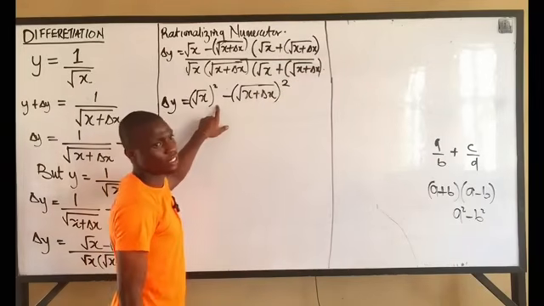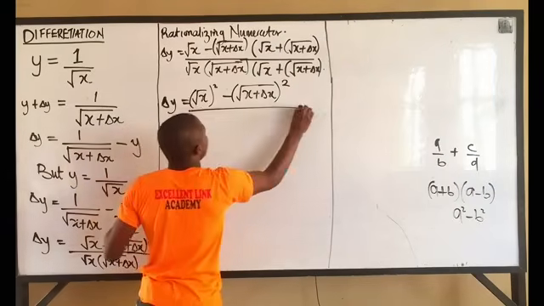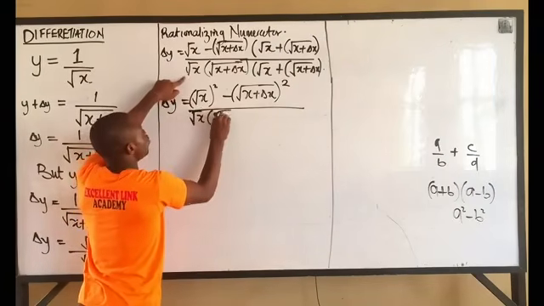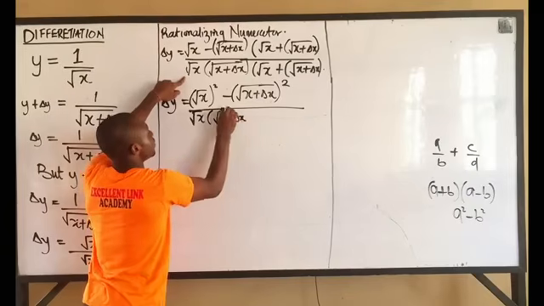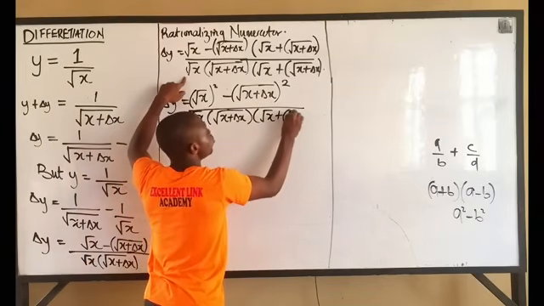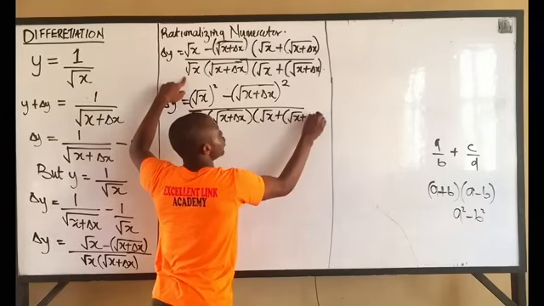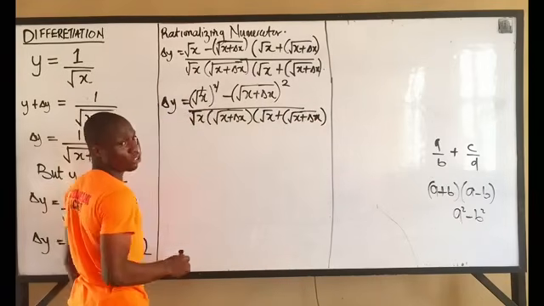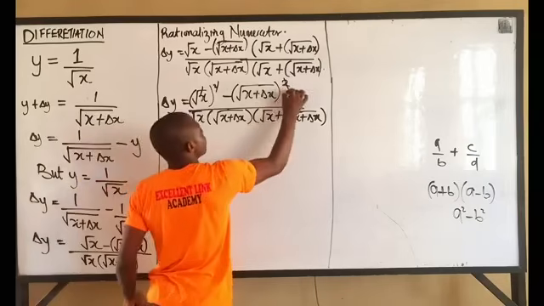So shortcut, please. All over, I can say root x into root x plus change in x, next up, root x plus into root x plus change in x. Of course, from here, square cancels out square, true or false? True. This cancels this.